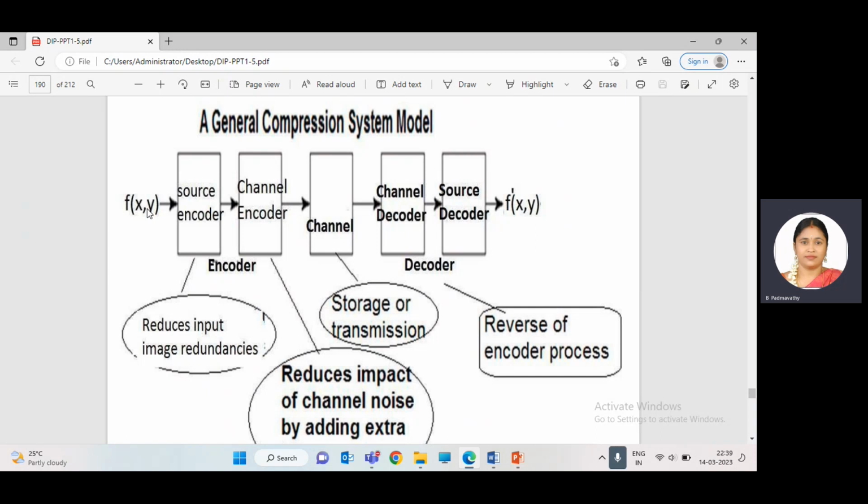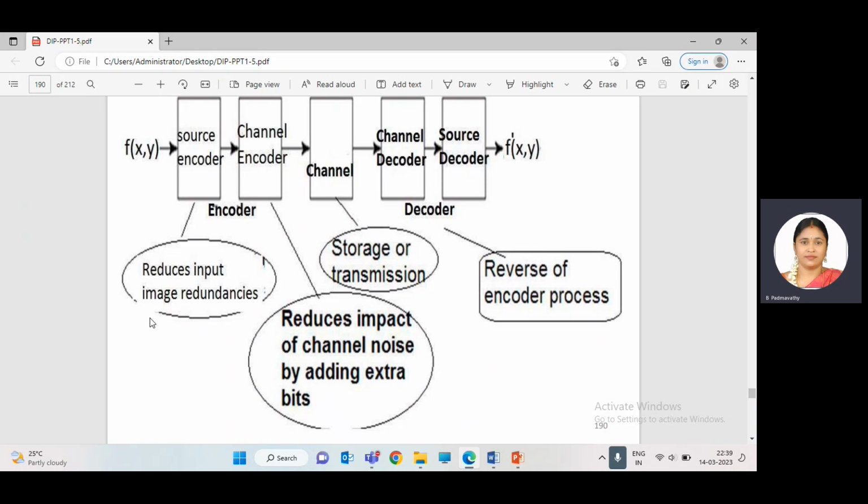The same process is done in the general compression system model. Whatever information we give will be compressed and transmitted towards the channel, and after it reaches the receiver side, it is decompressed again. Through the general compression system, we can reduce most of the image redundancies.